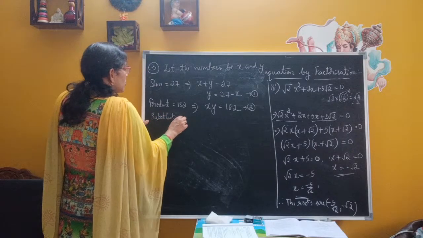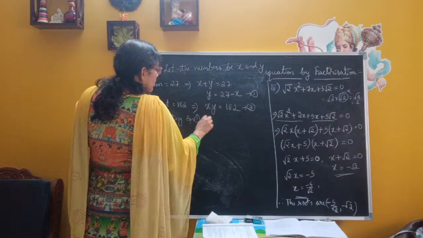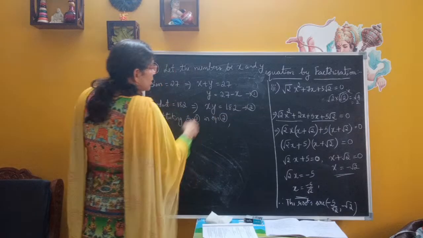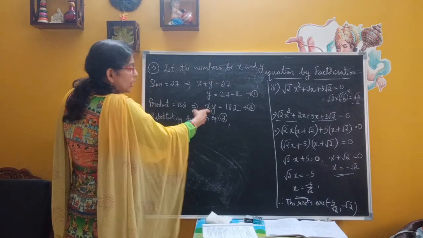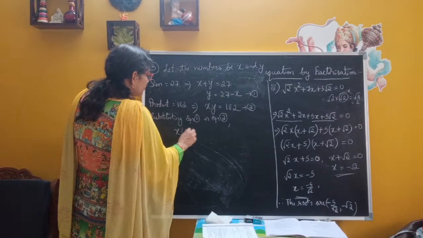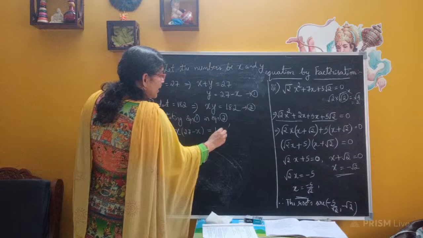Substituting equation 1 in equation 2, we get x into, in y's place what should I write? I should write 27 minus x is equal to 182.